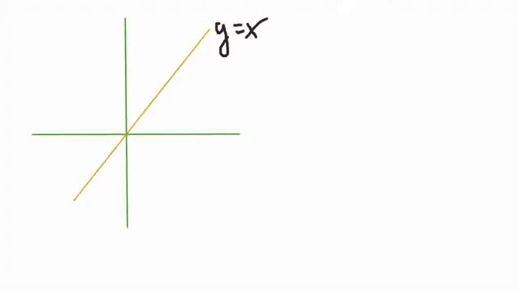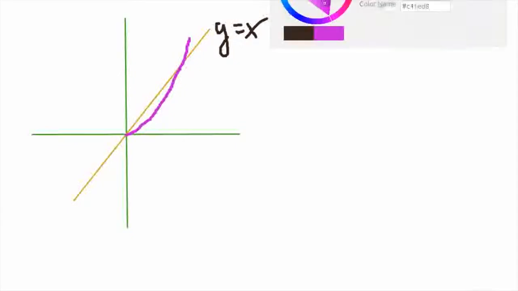Watch this. Suppose that instead of working with the entire parabola, I just work with half of it. Let me draw it so that it passes the vertical line test. Now let's reflect just that half of the parabola.